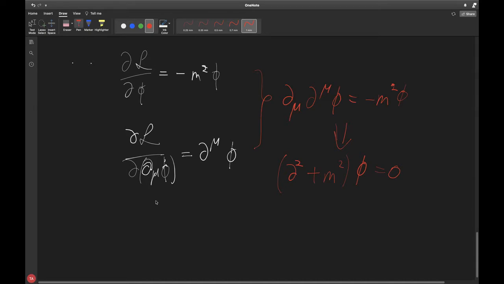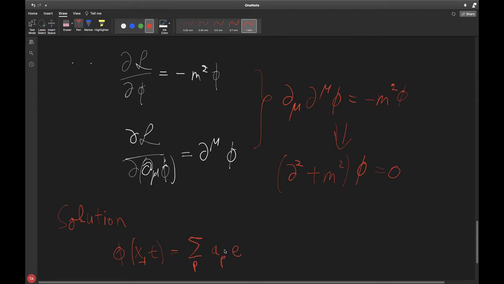And so the solution for this has the form of again the phi, which depends on the space coordinates and the time coordinates, is the sum over p of again the creation operator with the p. Well, for now it's actually not an operator.